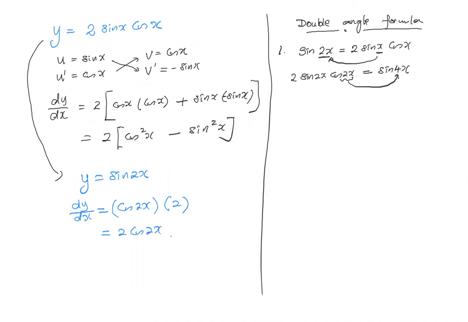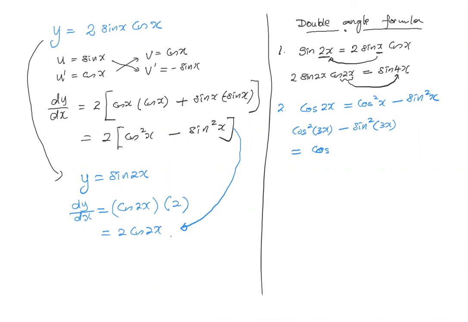Okay, now the next one is the double angle for cos. If I have cos 2x, I can write it as cos square x minus sin square x. So you see, this is the same as this one. So now if I happen to ask you to differentiate this, what you can do is simplify this to become cos what?